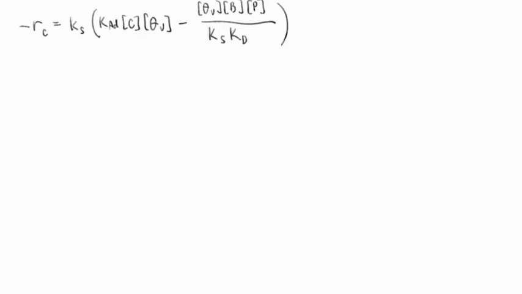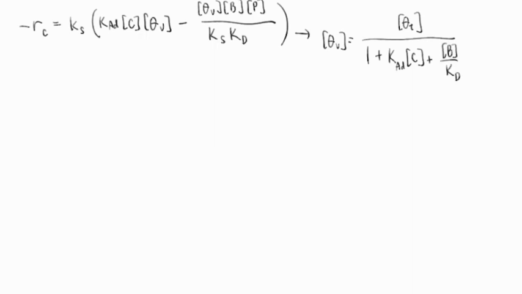At this point, we can now substitute our expression for theta V. From the previous page, our concentration of the vacant active sites is equal to the concentration of total active sites all over 1 plus capital K adsorption times concentration of cumene plus concentration of benzene over capital Kd.